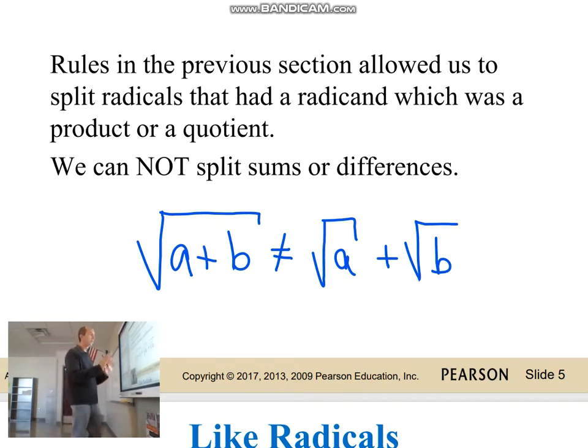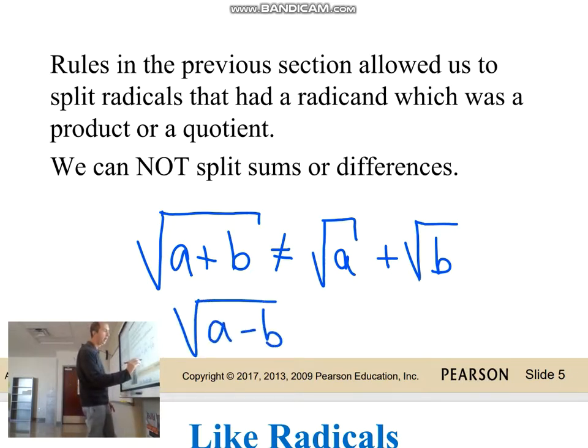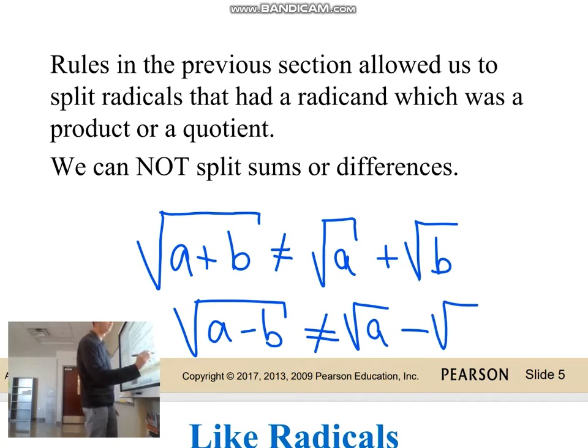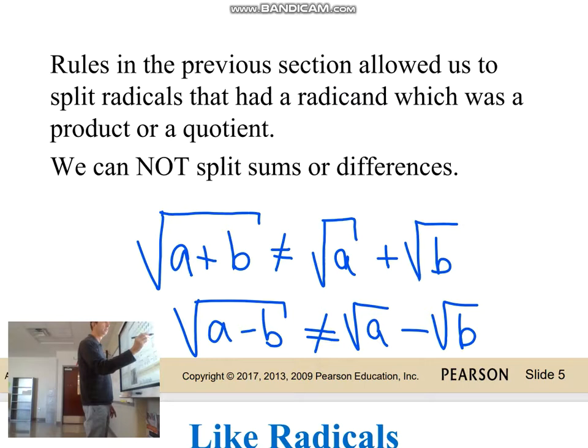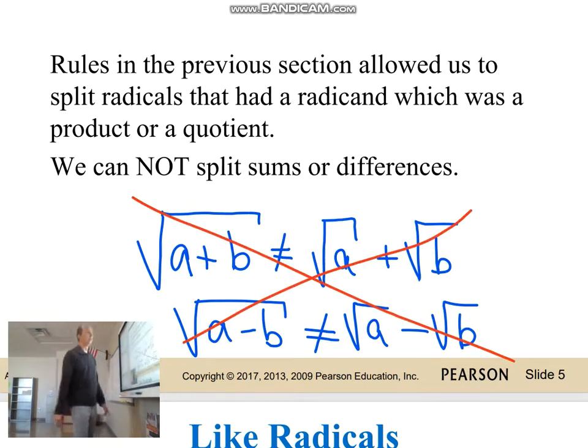There's no such property. And the same thing if you subtract: the square root of a minus b never equals the square root of a minus the square root of b. No. Okay?